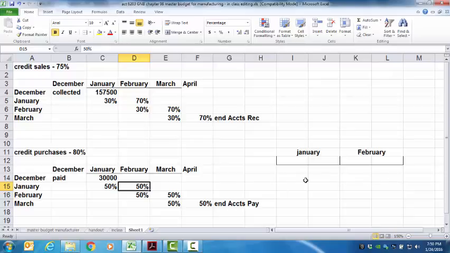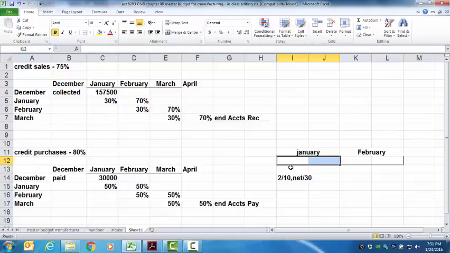Now this would all change if the discount terms vary. So let's say that it's not 2/15, but let's say it is 2/10 net 30. Now in this case, you only have 10 days to pay that bill. Now remember, if on average there are 30 days in a month, then if you buy something in the first 10 days, you have to pay between the 11th and the 20th to get the discount.